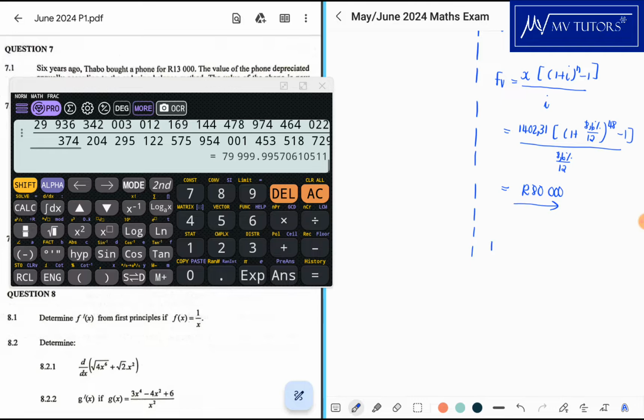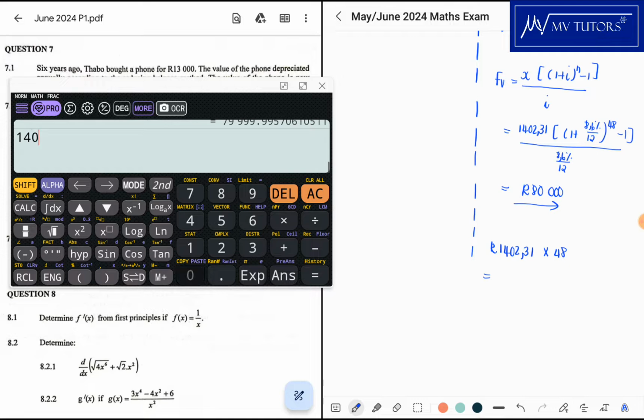If I take the 1,402 Rand and 31 cents and multiply that by 48, I get, he actually contributed over 48 months 67,310 Rand and 88 cents.